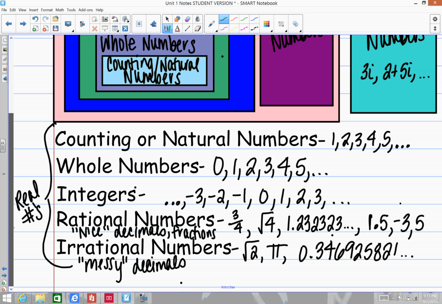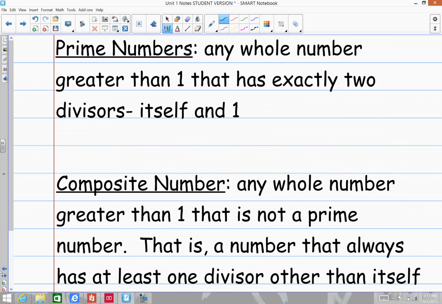So let's look at some other types of numbers that are important here. So the next thing that we want to look at is a prime number versus a composite number. So basically, a prime number is any whole number greater than 1 that has exactly 2 divisors, itself and 1. So let's write some examples down for this.